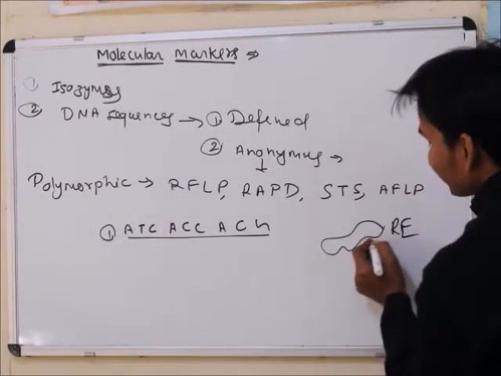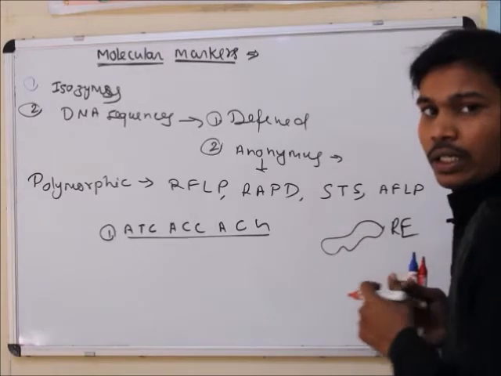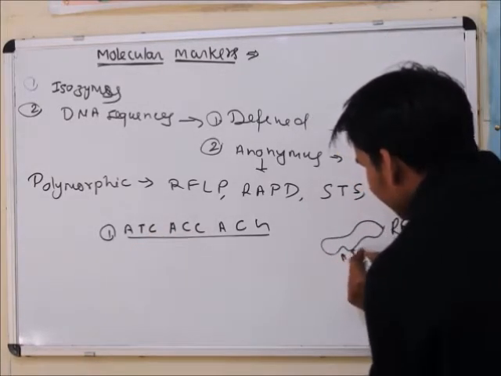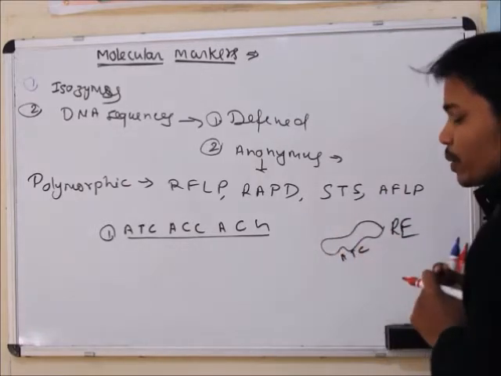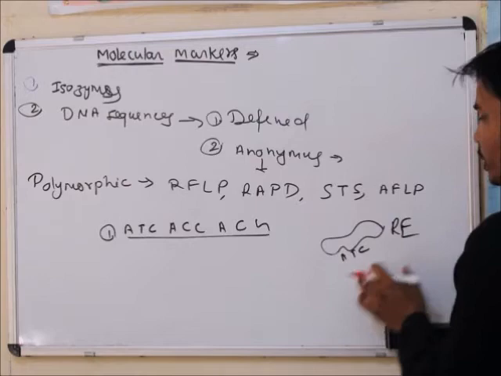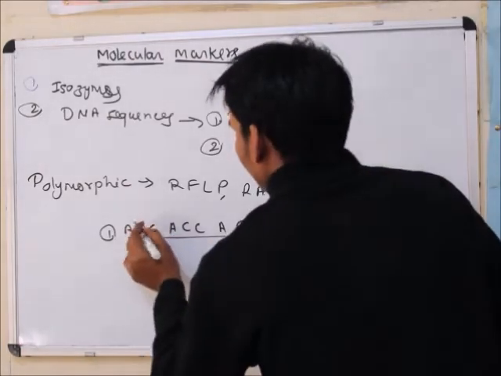Suppose this is the structure of the restriction enzyme that recognizes A, T, C, which fits at that specific position. So why does this restriction endonuclease bind to that position?